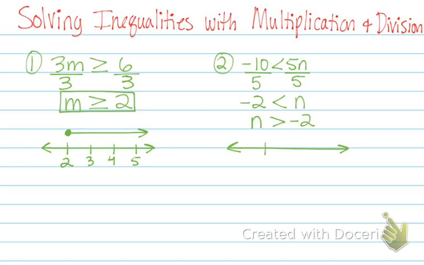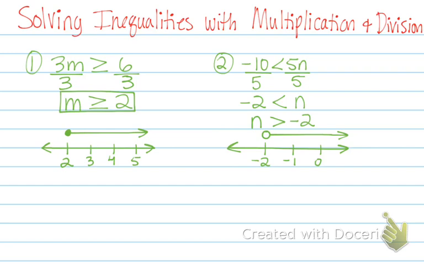So when I go to graph my inequality, I would still want to be going to the right because that is where values are bigger than negative 2. Because it doesn't have an equal sign on it, we do have to use an open circle. It's not part of our line. But because we flipped that inequality fully, now we know that it goes to the right, and all the numbers that are bigger than negative 2 are our solutions for n.